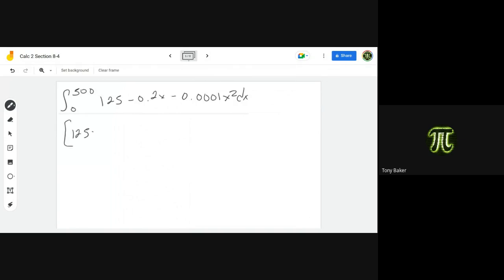1.5x minus 0.1x squared minus 0.0001x cubed over 3, from 0 to 500. The 0 is going to cancel everything out, so I don't have to worry about that.